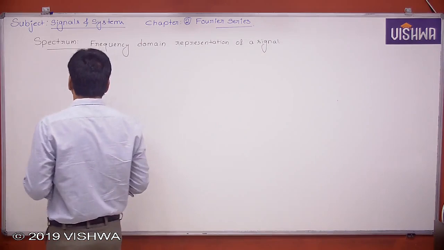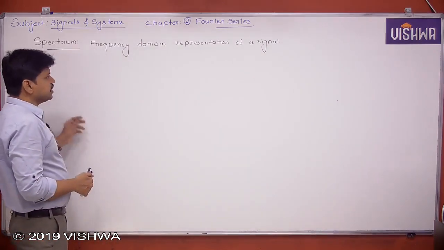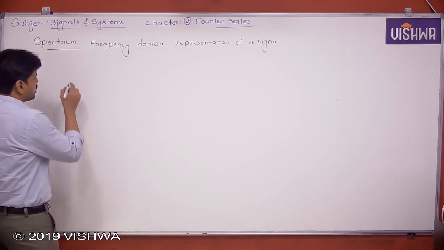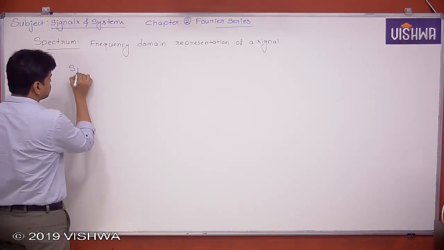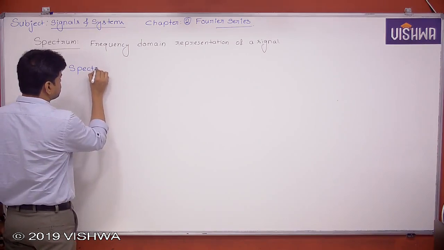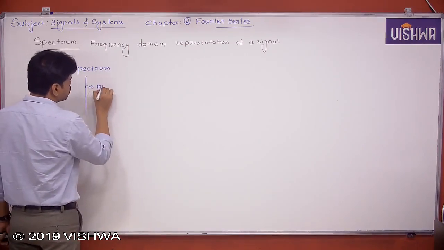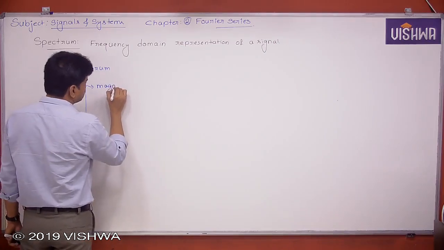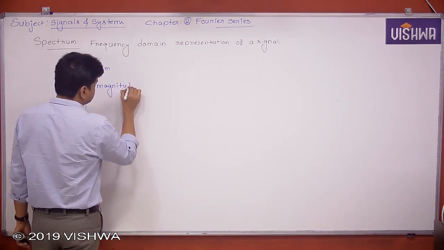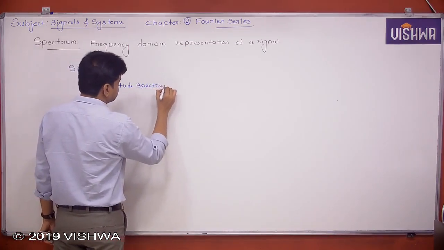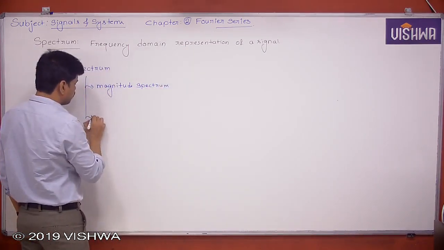Whenever I say spectrum, it has two more representations internally. So spectrum is of two types. One is called the magnitude spectrum, and another one is the phase spectrum.